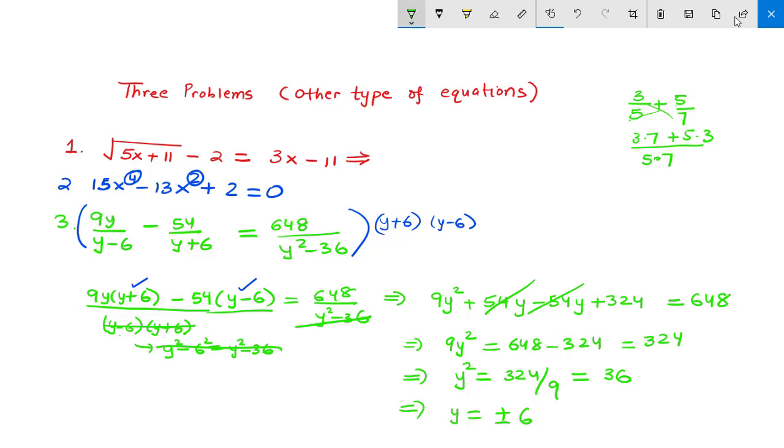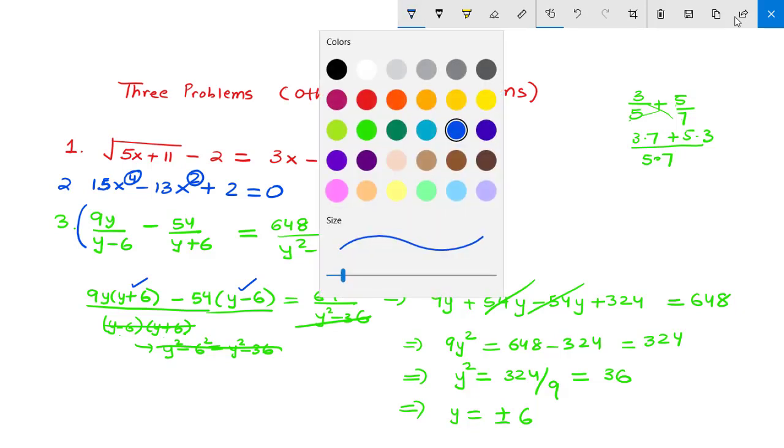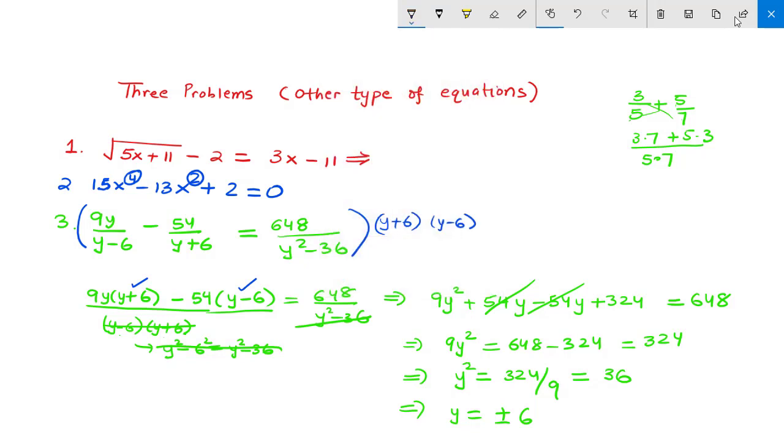Now for the rational equation, one of the things that you must check is the solution. Since y minus 6 and y plus 6 are occurring in the denominator, clearly y cannot be 6 and y cannot be negative 6, because you don't want denominators to be 0.